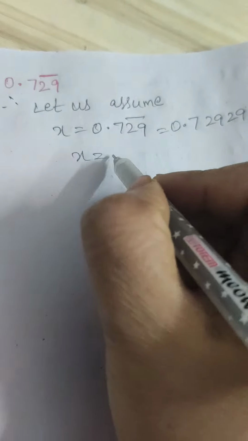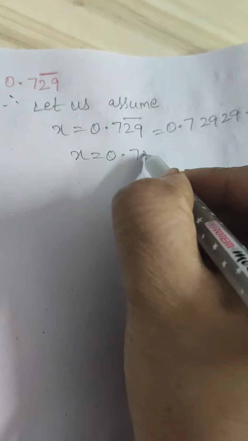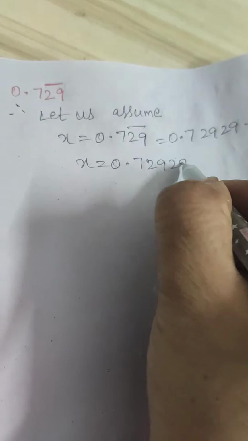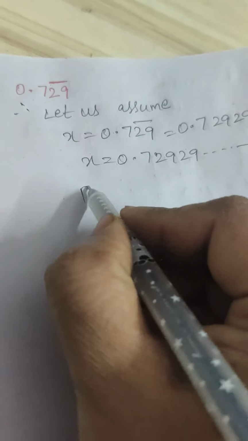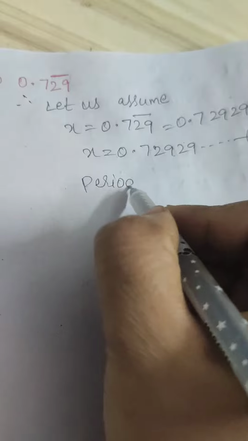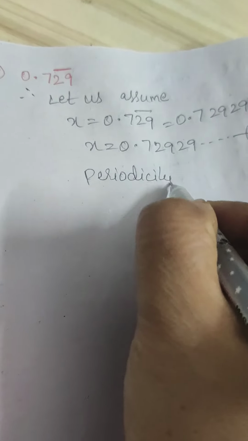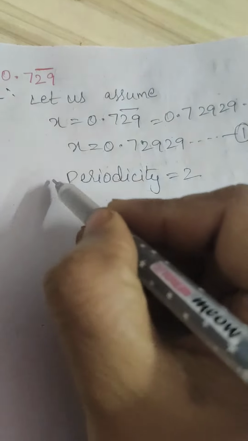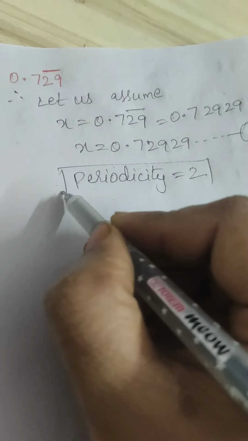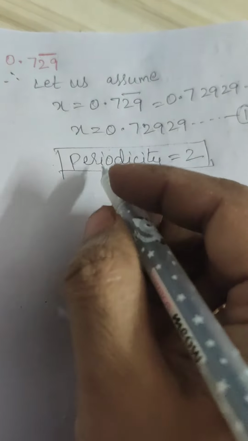Let us take x is equal to 0.72929 and so on. Consider this as equation 1. Now what is the periodicity here? In the bar, how many values are there? Only 2 values in the bar. So periodicity is 2.